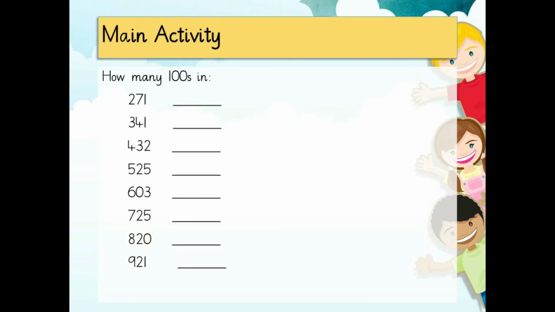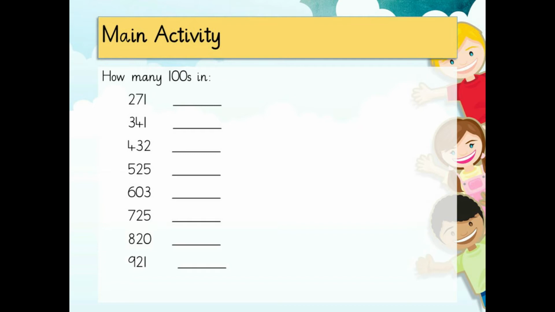Keeping place value in your mind, you have to write down how many hundreds in each of the given numbers there are. For example, our first number is 271. Starting from the very right side, 1 is at the units place, 7 is at the tens place, and 2 is at the hundreds place.